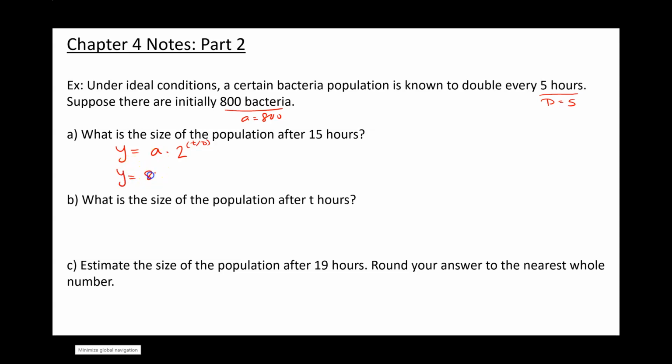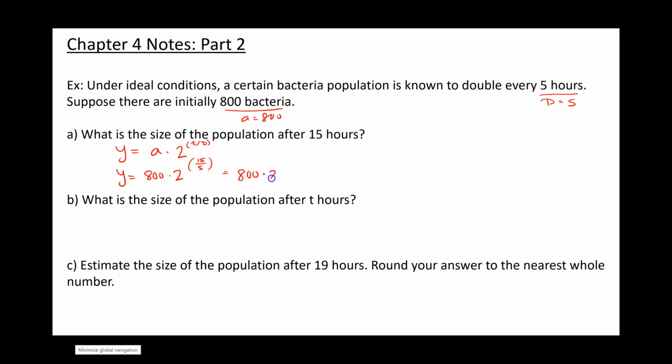If the initial number of bacteria is 800, we have a constant of 2 because we're doubling. Now we want to know the population after 15 hours if the doubling time is 5 hours. So T is 15, D is 5, D is the doubling time. So we just plug this in. If I simplify this, 15 divided by 5 is 3.